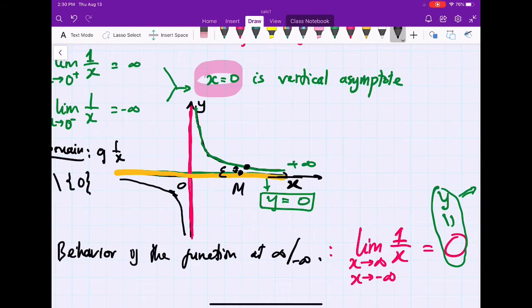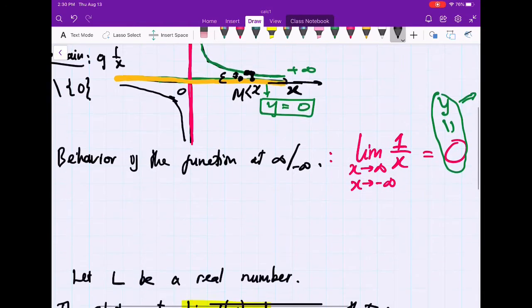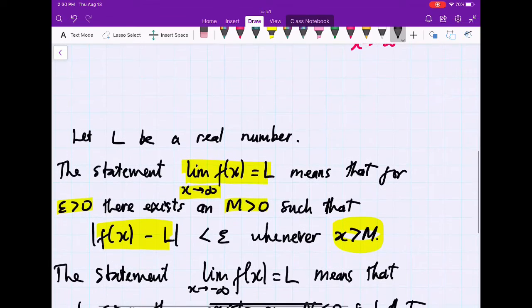So that for any x bigger than m, the distance between the function value and the number L is less than epsilon. You see this? It's less than epsilon.